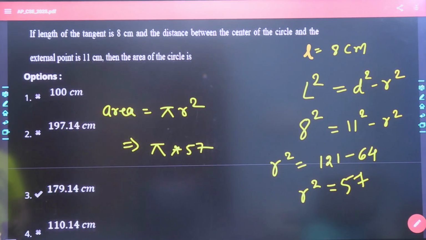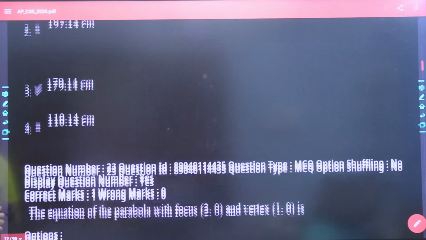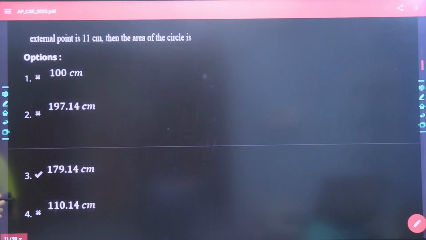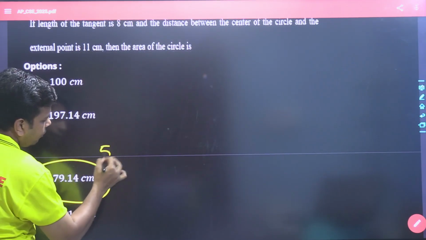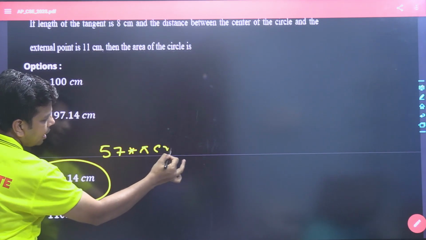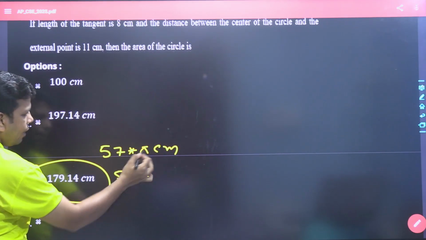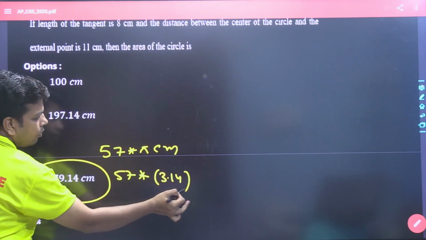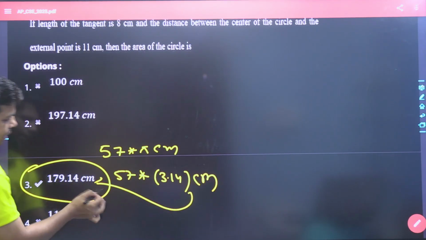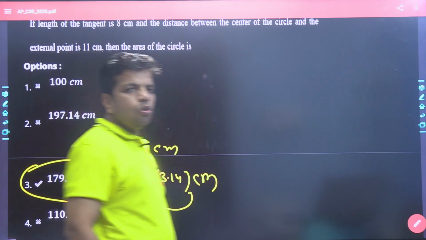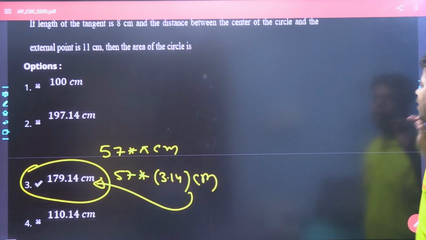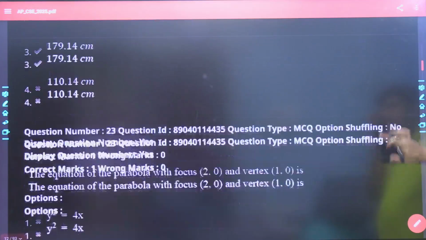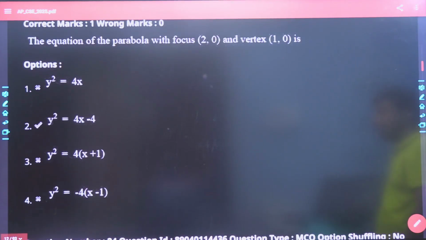So 57 pi is your answer. 57 pi centimeter square. 57 multiplied by pi, the value of pi is 3.14. When you calculate this, you get that particular answer. So either 57 pi or 57 into the value of pi, you can find that answer directly like this. So it's a simple formula based question. Just put the formula and get the answer.